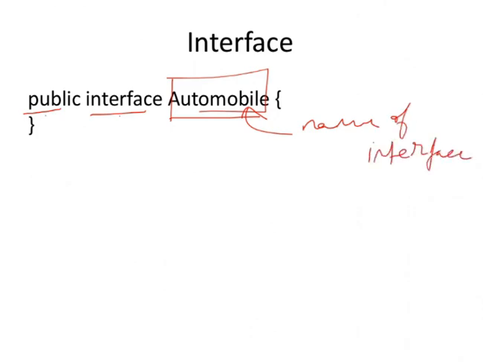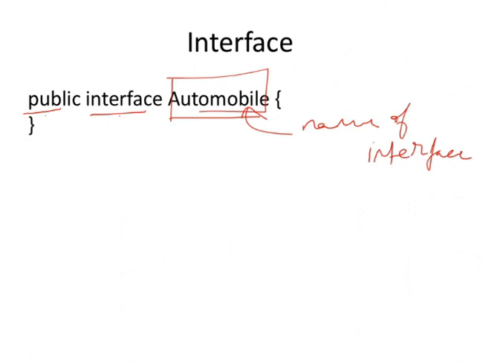With an interface, what we are really trying to achieve is that the interface defines a contract basically. As per that contract, all the classes which use that interface have to follow or have to implement a certain set of functionalities that this interface defines.